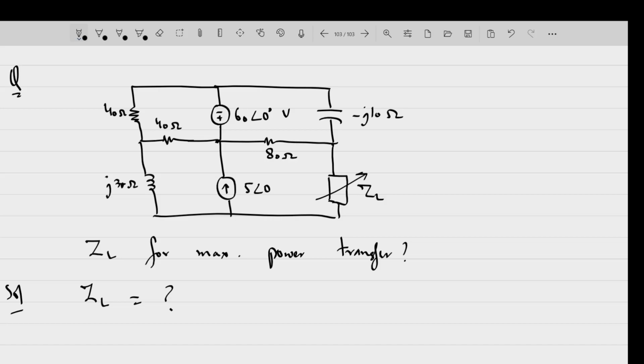Sir, 29.27 angle minus 43.5 degrees. You're telling me the value of ZTH, right? ZL or ZTH? Sir, ZL will be its complex conjugate.